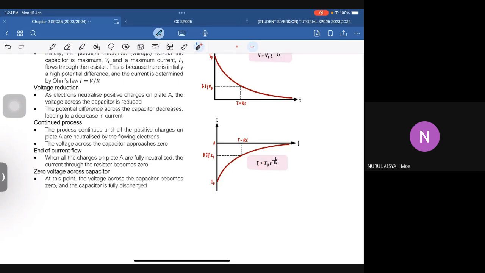Okay, so basically you have to be able to differentiate lah between charging and discharging punya graph tu. Kalau dia suruh lukis dua-dua, draw the discharging and charging punya I against T graph, you have to be able to differentiate them. Okay, satu positif, satu negatif. So ini untuk charging, yang ini satu untuk discharging.